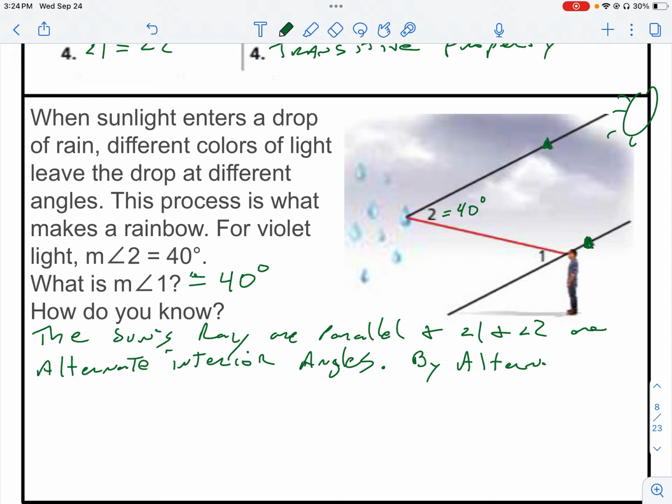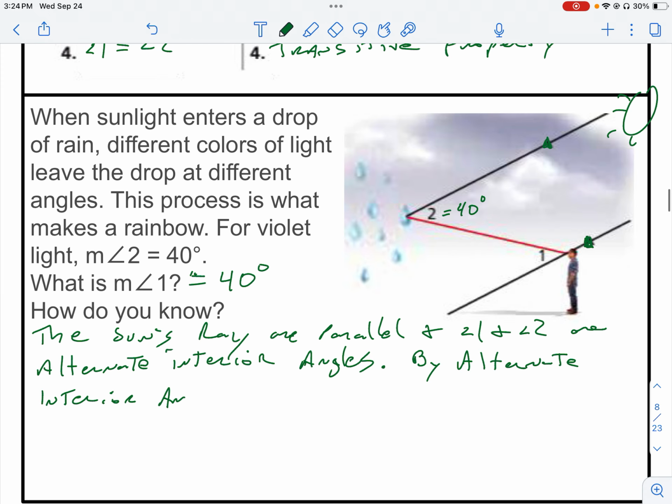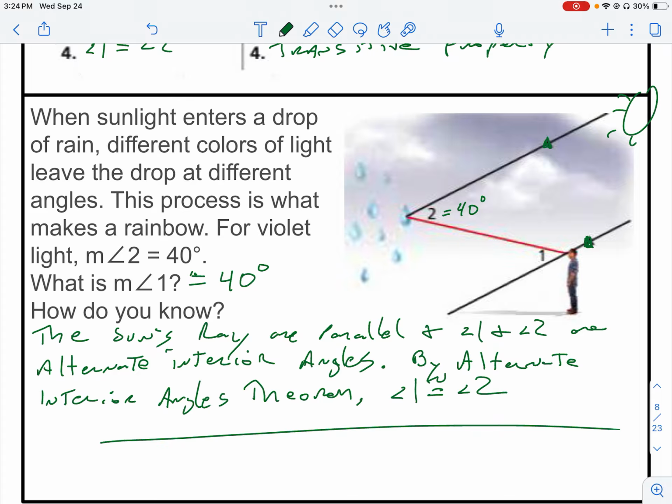And by the alternate interior angles theorem, which we talked about at the beginning of this section, angle 1 is congruent to angle 2. That's how we know.